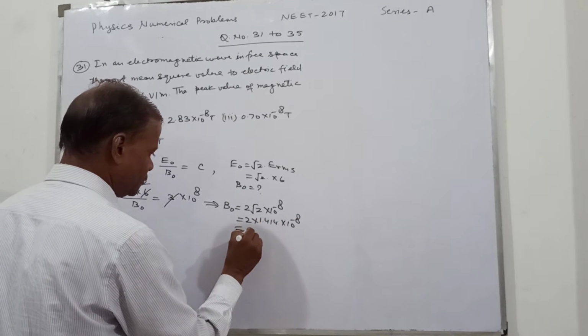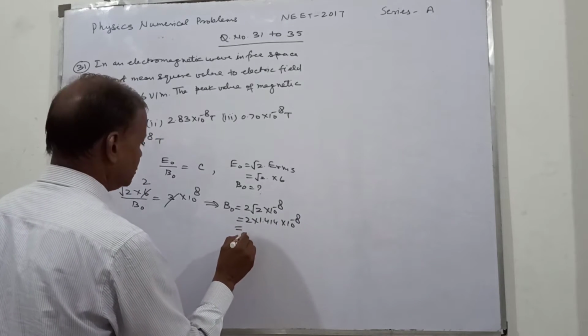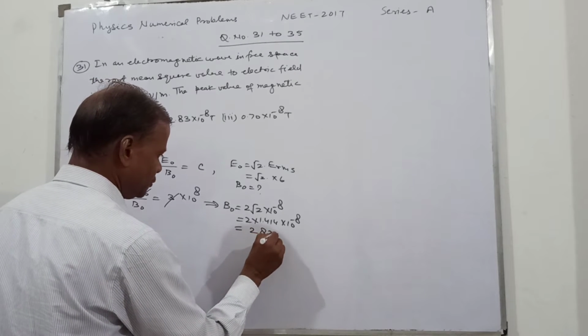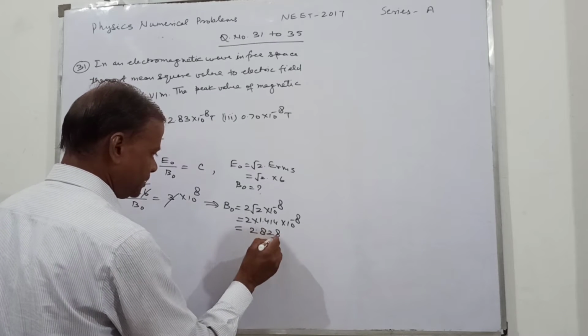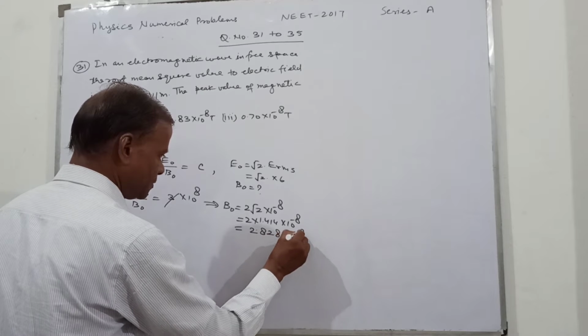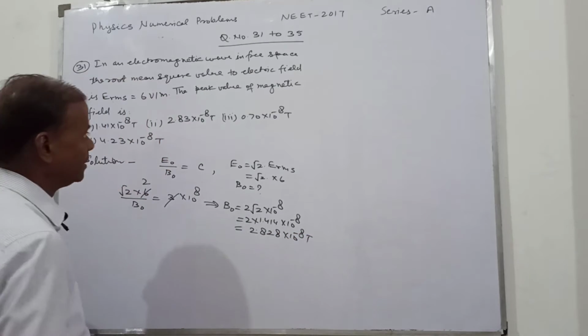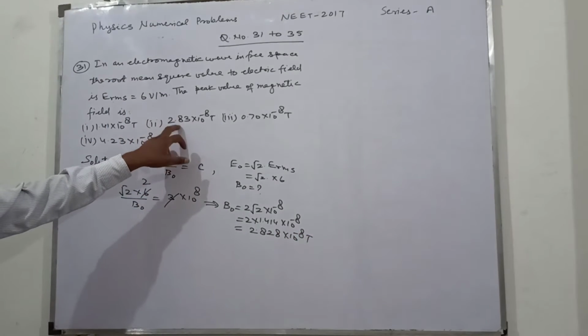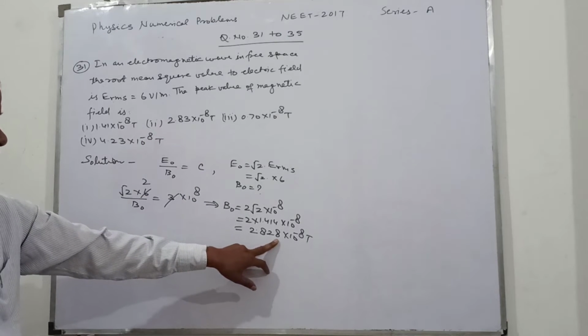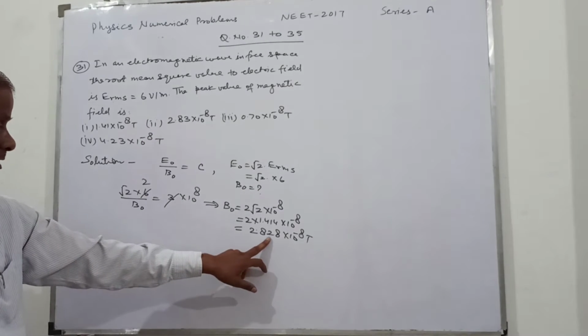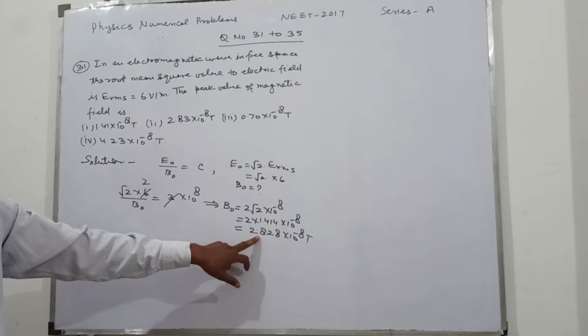So this will be your 2.83 into 10 raised to the power minus 8 Tesla. So this is now the second option.